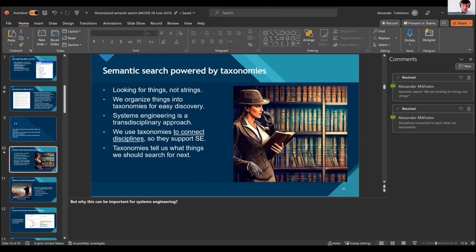And this is how we can organize communication. So if we are talking about solving the task for semantic search, these taxonomies that lie in this digital process model tell us what thing we should look for next.